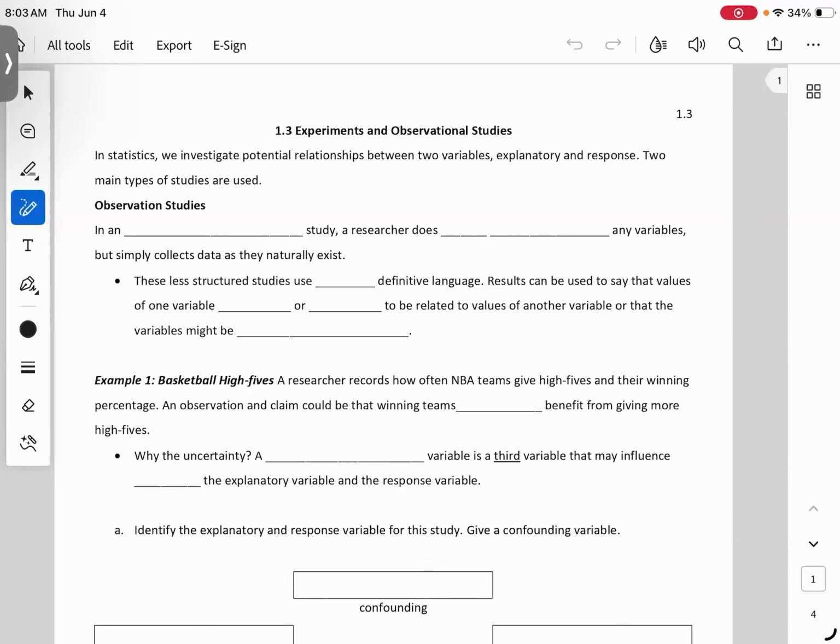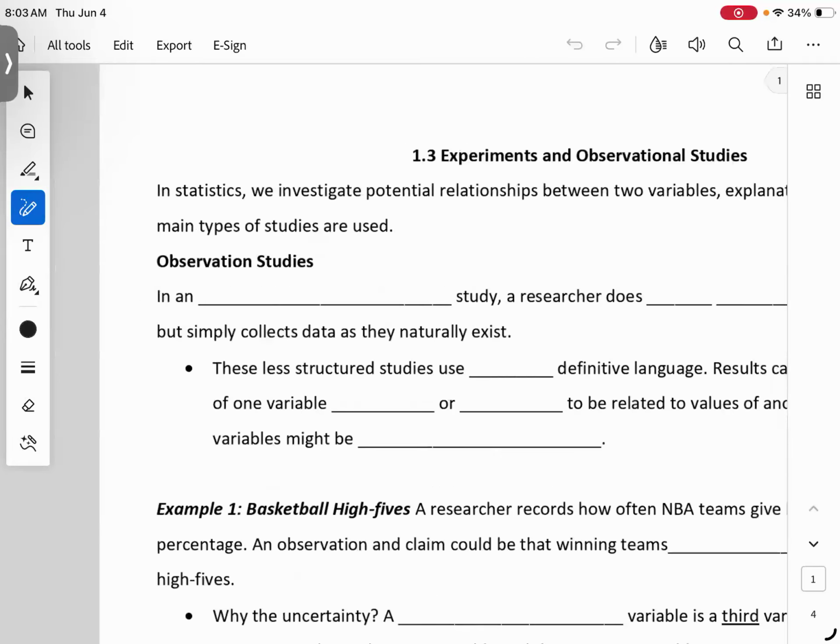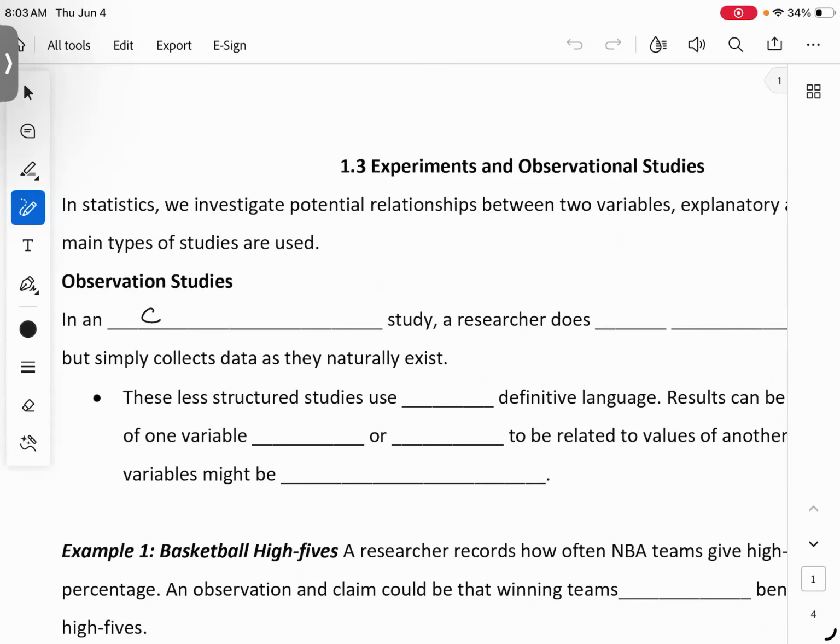The main difference is that whenever you're doing something that's known as an observational study, I'll say this also: observational studies are usually going to be the first type of study that a researcher might consider doing because they're less structured. They're a bit easier to set up, to get going.